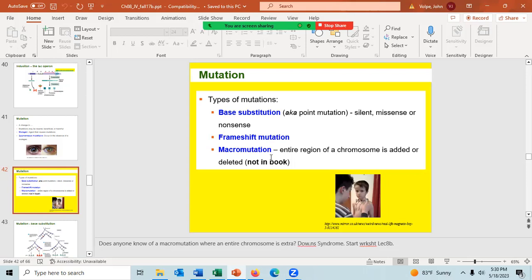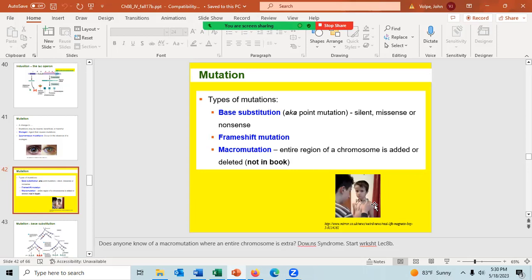Does anyone know of a macromutation where there's an entire chromosome that is extra? Nobody knows? All right.